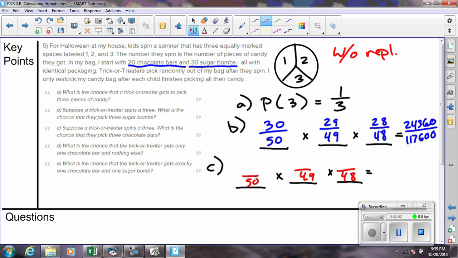Well, if we're going with 3 chocolate bars, originally you have chocolate bar, 1 less, 1 less. So taking 20 times 19 times 18, we get our total number of successes, 6,840, and our denominator would still be the same. And we've got our answer.